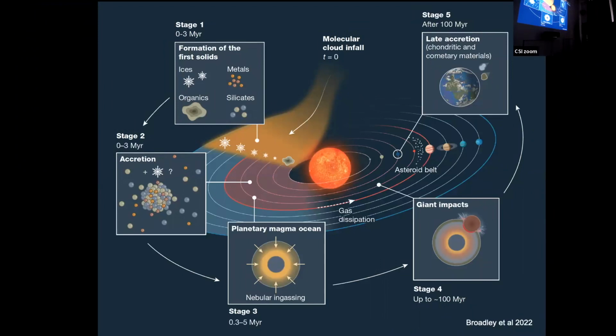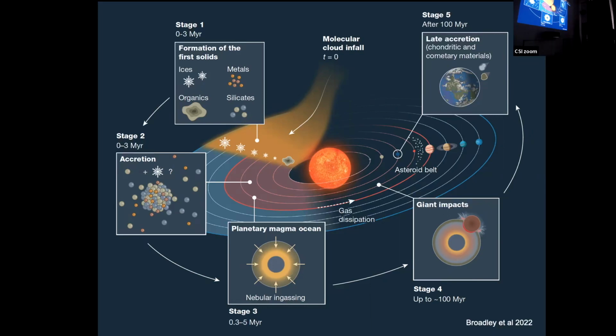So we start with a molecular cloud falling onto the disk, the formation of the first solids, presumably by irradiation, by ionization, forming icy dust and organic dust, and condensation of metal and silicate, which forms the first solids by accretion. Finally, this accretion of solids forms the planets. The early accretion of these planets provokes two concomitant processes: accretion of a nebular-like atmosphere and melting of the outer part of the planets.